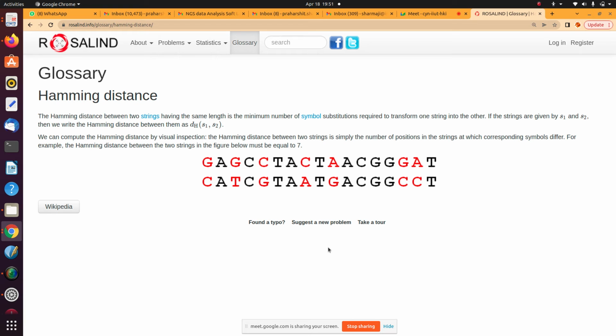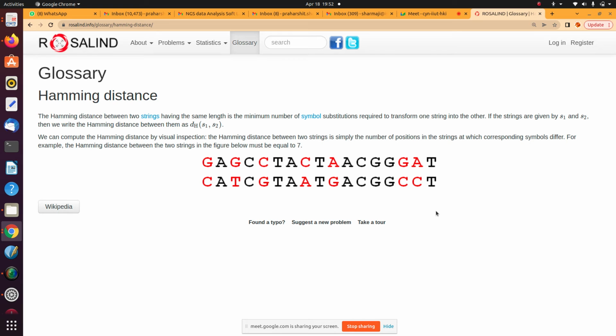So potentially, if you have two strings of the same length, minimum Hamming distance will be, minimum is 1? If the two strings are the same, Hamming distance will be 0. Yes, 0. Is it okay, Priyanka?